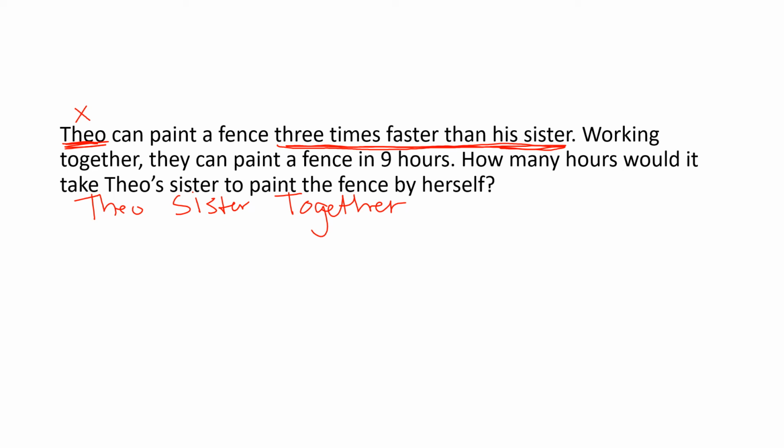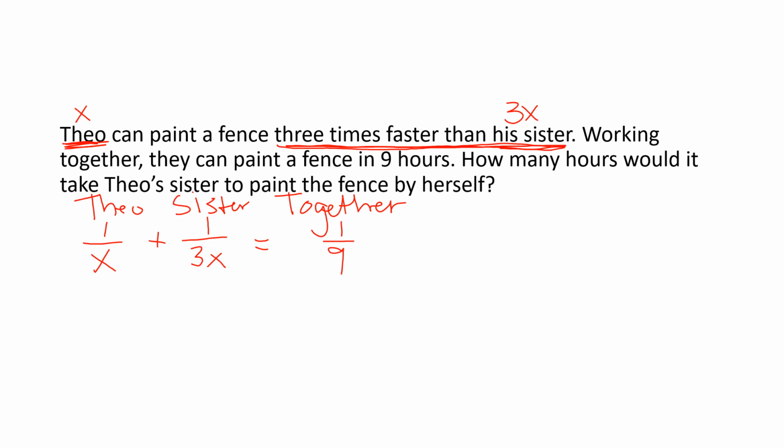So if he's x, I would have to multiply his time by 3 to figure out what the sister is. So he's going to be x, sister's going to be 3x. So he can paint 1 fence every x hours. Sister can paint 1 fence every 3x hours, and together they can paint 1 fence in 9 hours.